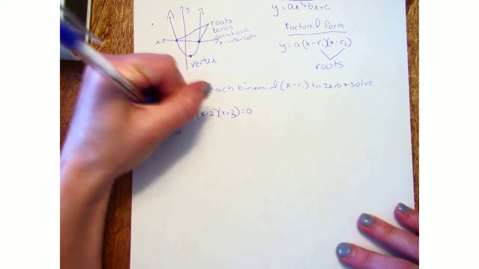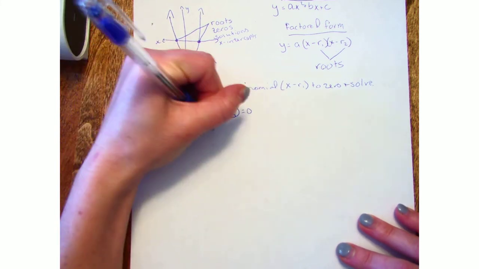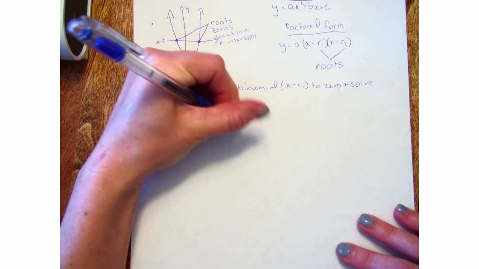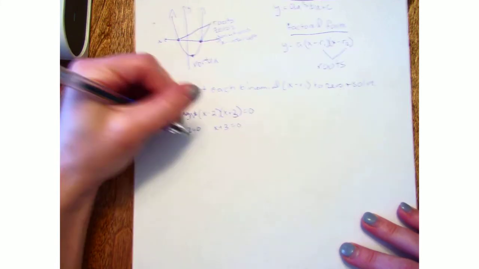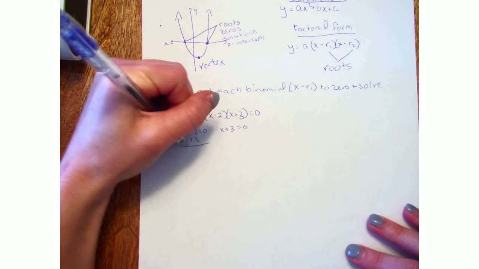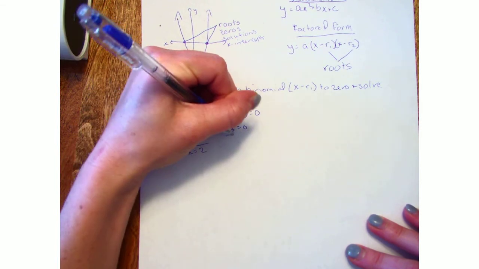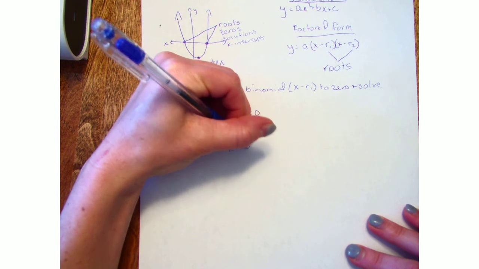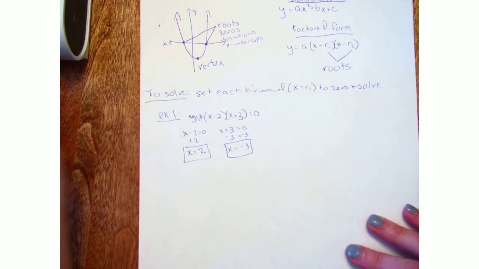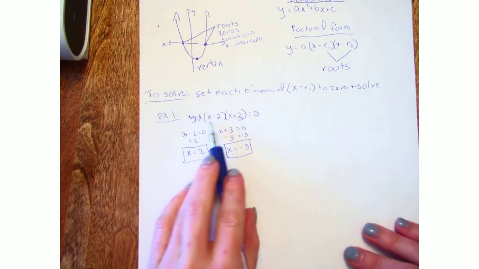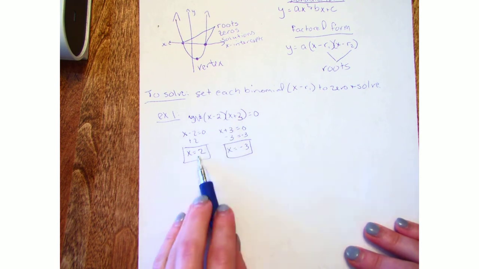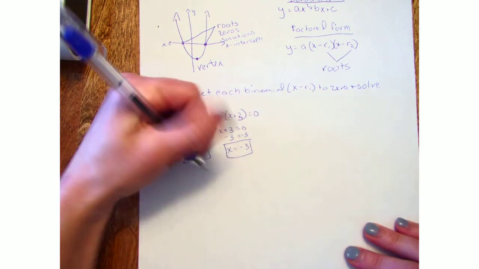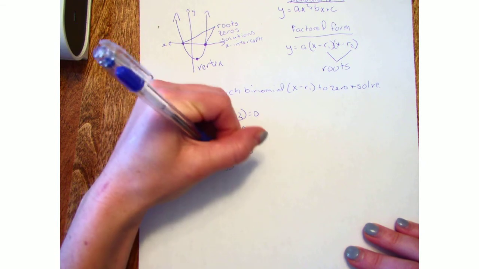So you take each binomial and you set it to 0. Then you solve it. So x minus 2 equals 0, add 2, x equals 2. x plus 3 equals 0, subtract 3, x equals negative 3. So they'll each have two answers. Most of the time, if you have two binomials, you'll be left with two answers, two solutions, if you will.